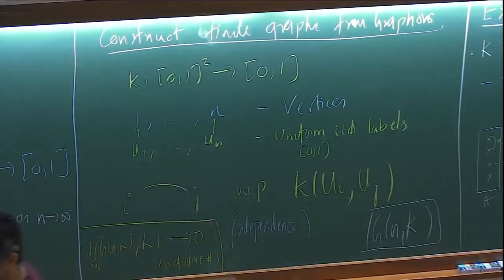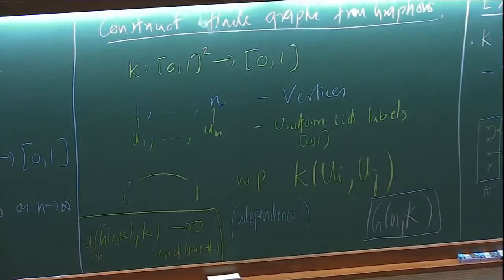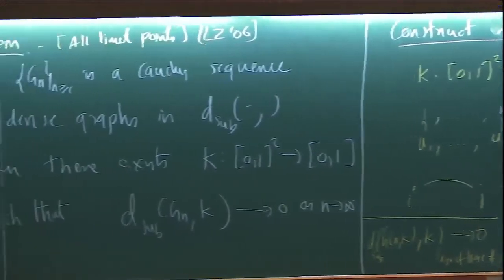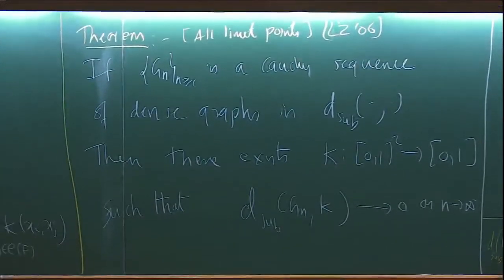And that you'll immediately spot if you just tweak the definition a little bit. The two things are different: G_n kappa and the graphon kappa. That's right.